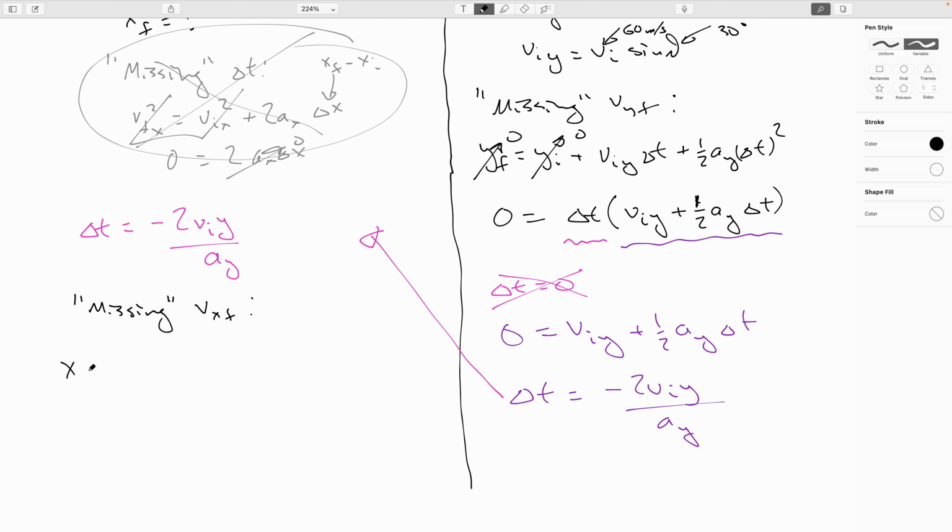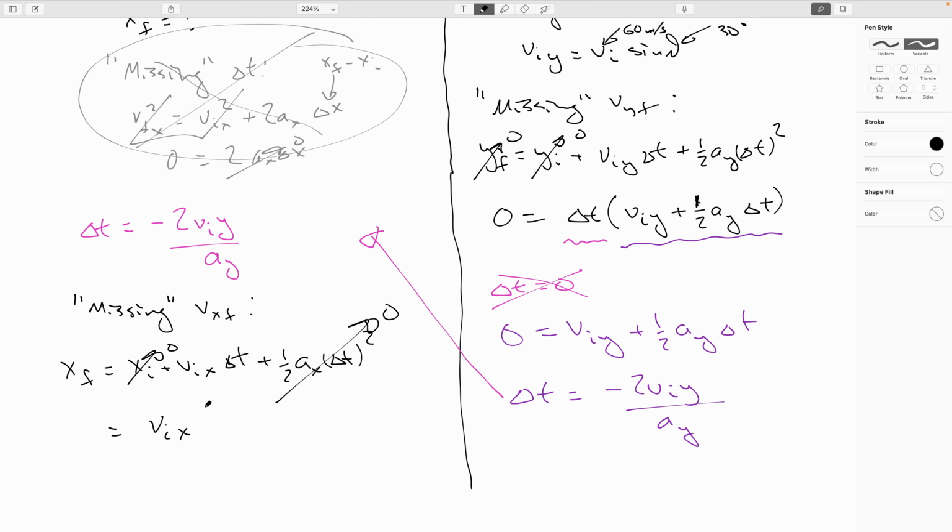So that one's going to be x final equals x initial plus v initial x delta t plus 1/2 a sub x delta t squared. X initial is 0, so we can put that 0 in right away. And a sub x is 0, so we can put that 0 in right away as well, making that third term drop.